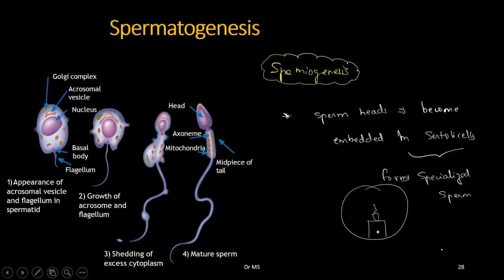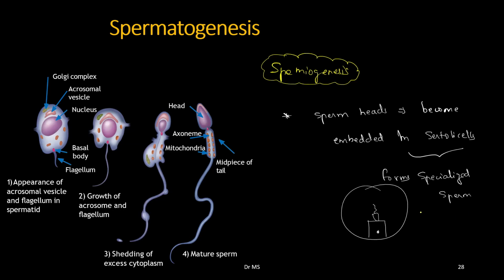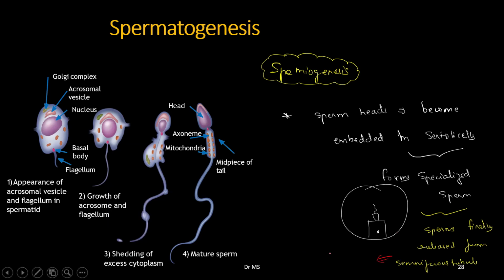Now this specialized form becomes fully functional and is released from the seminiferous tubules. The release of sperms from the seminiferous tubules is called spermiation. Remember this. Finally, spermiation will happen and the sperms will be liberated.